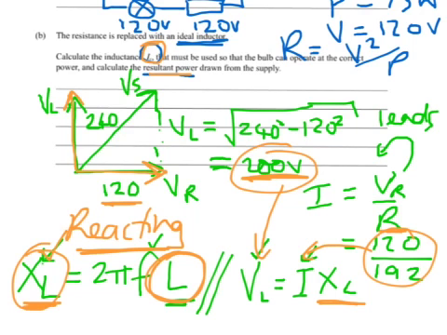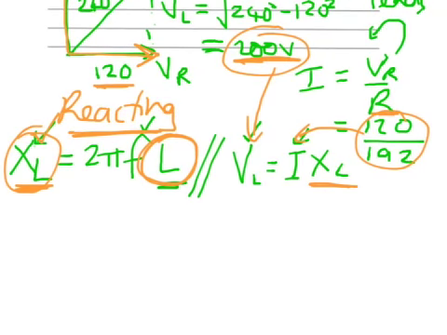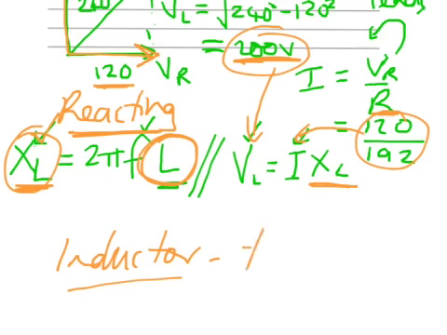Put it this way, any power that the inductor draws, it will return to the circuit. So the inductor, and remember it's an ideal inductor, anything it takes from the circuit it returns.